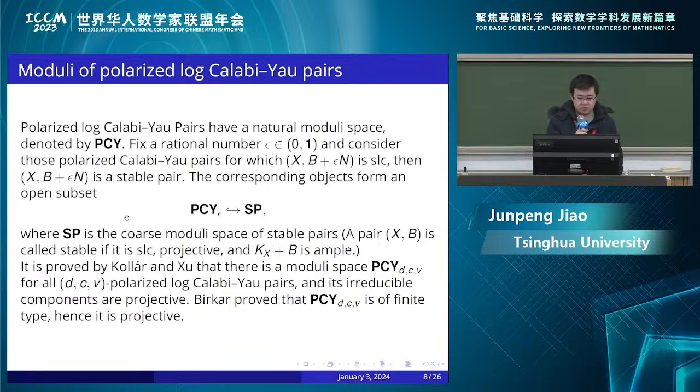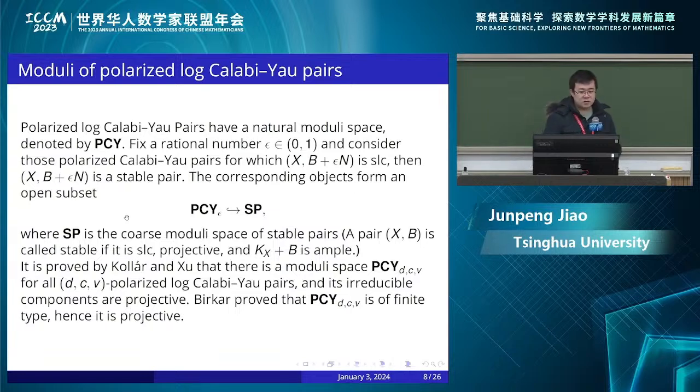By definition, because K_X + B is numerically trivial and N is ample, this pair (X, B + εN) is a stable pair. Stable pairs are the objects in the KSBA moduli space. Roughly speaking, it is a canonical model with SLC singularities.